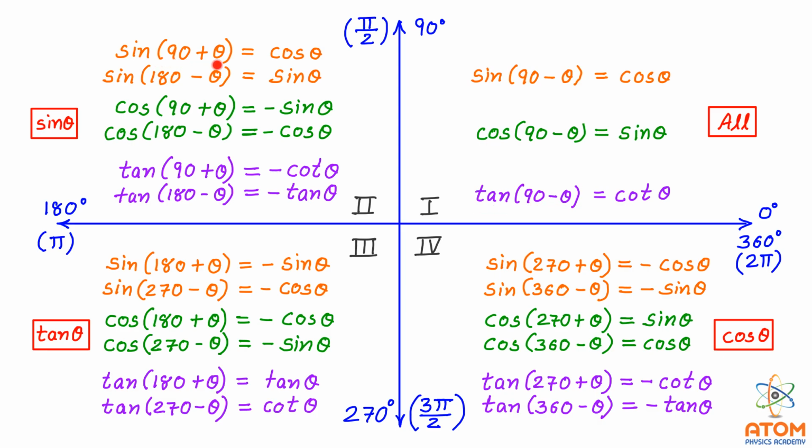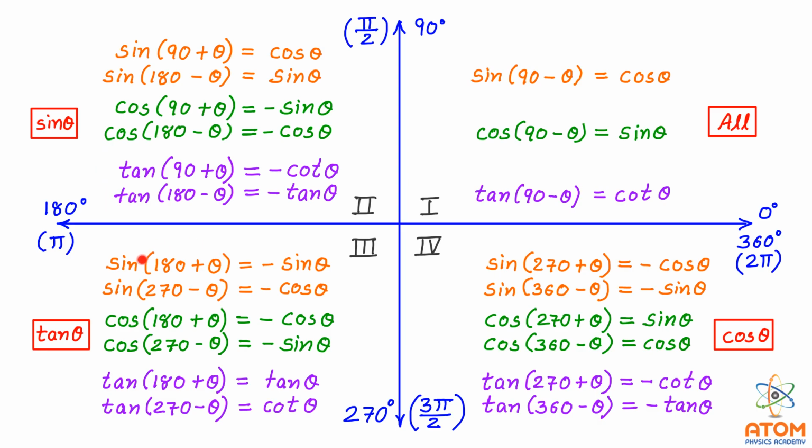Now look at this angle, 90 plus theta or 180 minus theta. When we write 90 plus something or 180 minus something, both are in the second quadrant. So you can see all the functions are having 90 plus theta or 180 minus theta angle. That means all of these functions are right now in the second quadrant.